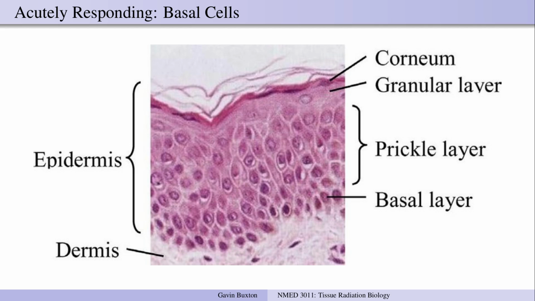So, for example, the basal cells produce new skin cells as old ones die, and damage to these cells would mean the basal cells would not be there, right? If you destroy the basal cells, then they're not able to differentiate and then go on to create new epithelial cells. And so there's a delayed response, in this case of about a few months, where those effects can often be seen.